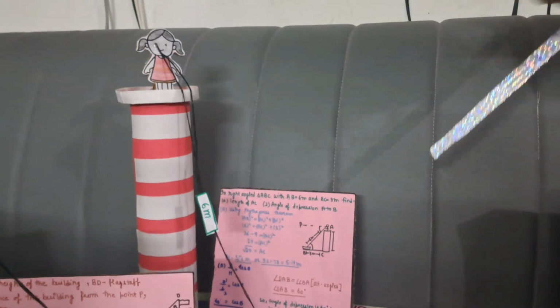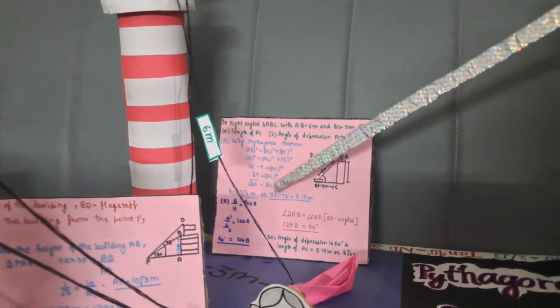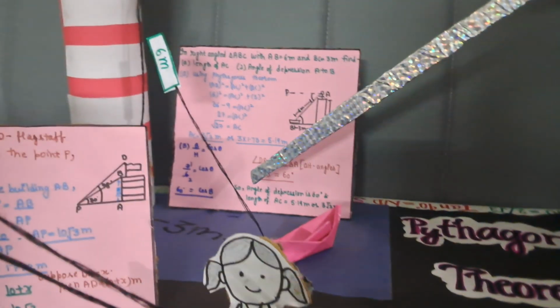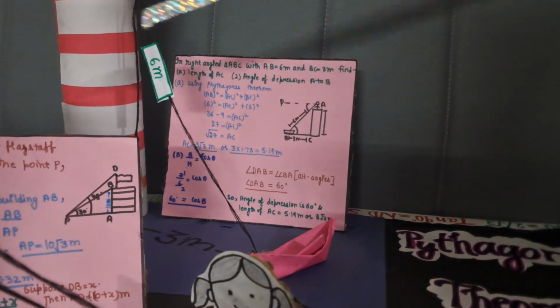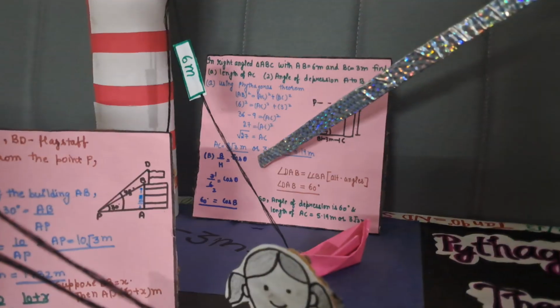The angle formed here is equal to this angle because both are alternate angles and the line of sight acts as a transversal. So we have to find the angle of depression here. As you can see, the line of sight, which is the hypotenuse, is 6 meter and the base is 3. So we have the hypotenuse and base, and base upon hypotenuse is cos theta.